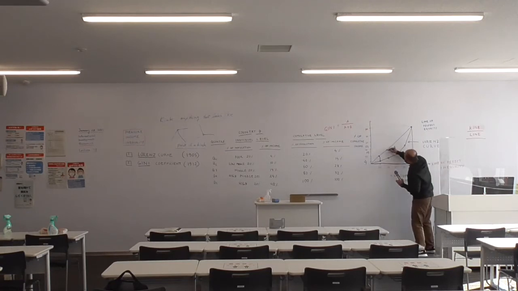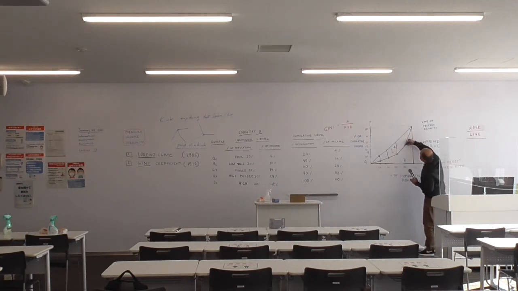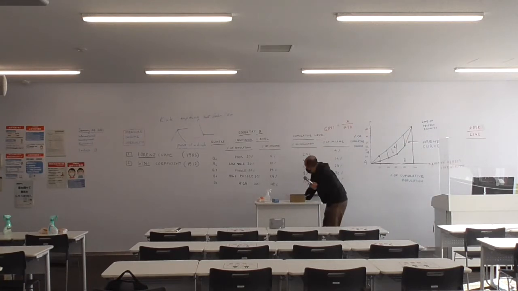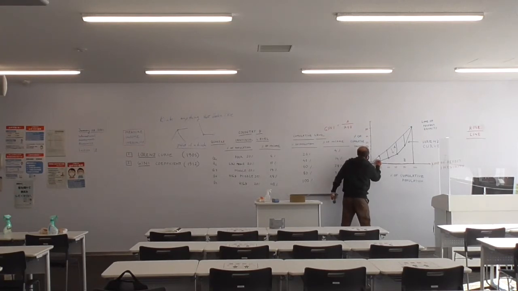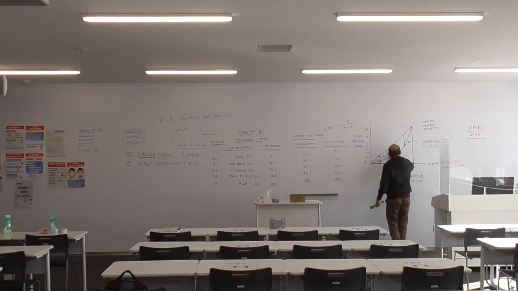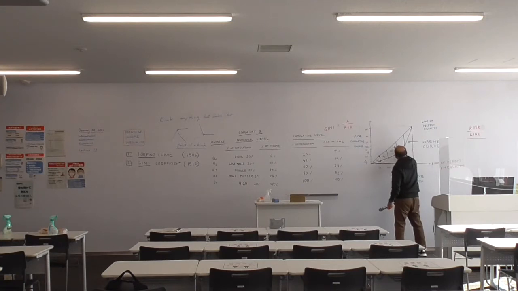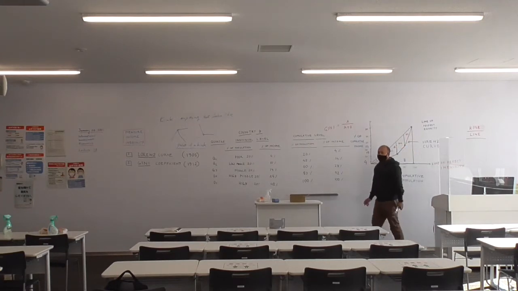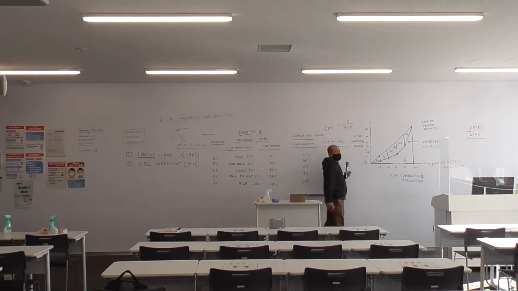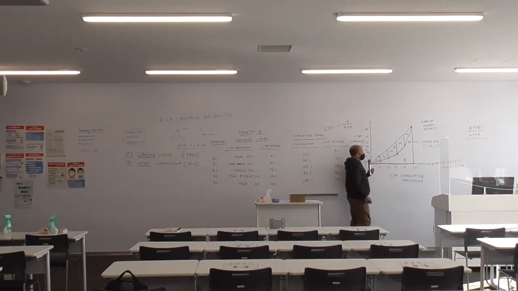Now let me split this area A in a nice way. Let's distribute the area A into 5 different categories.